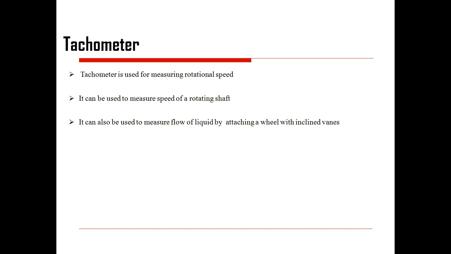How is the flow of a liquid measured? Suppose we have a wheel attached to a shaft, and this shaft is connected to the tachometer. Variation in the flow will rotate the wheel or increase or decrease the speed of the wheel, and as the shaft is connected to the wheel and the tachometer, the tachometer will provide you the output.